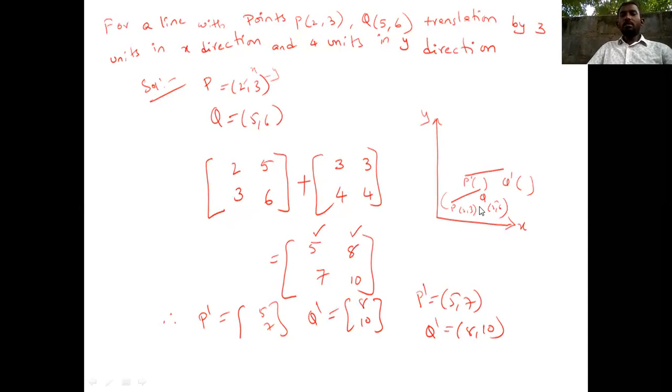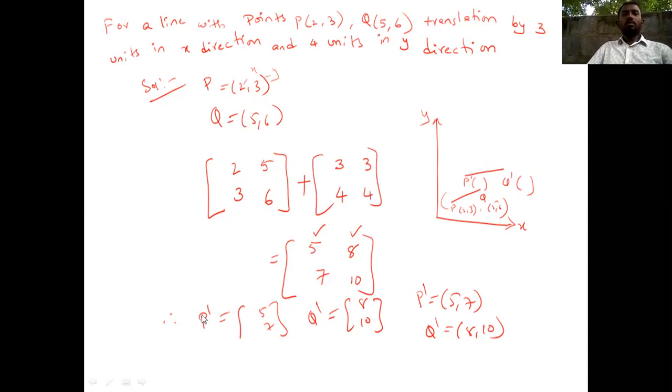So p dash is moving some distance. So here we consider p and q. So we take 2 3 and 5 6 plus x is 3 units, y is 4 units. So 3 and 4 plus. So 3 plus 2 is 5, 5 plus 3 is 8. 3 plus 4 is 7, 6 plus 4 is 10.